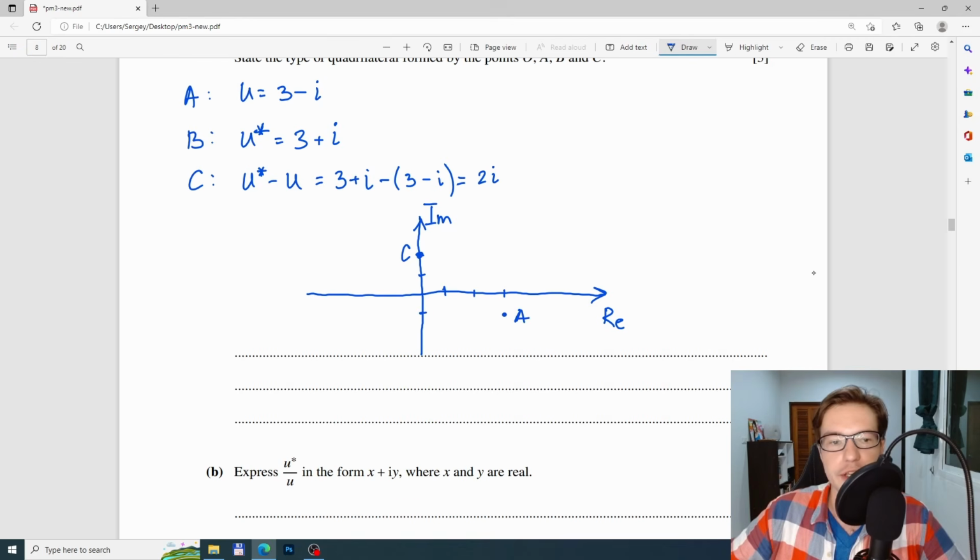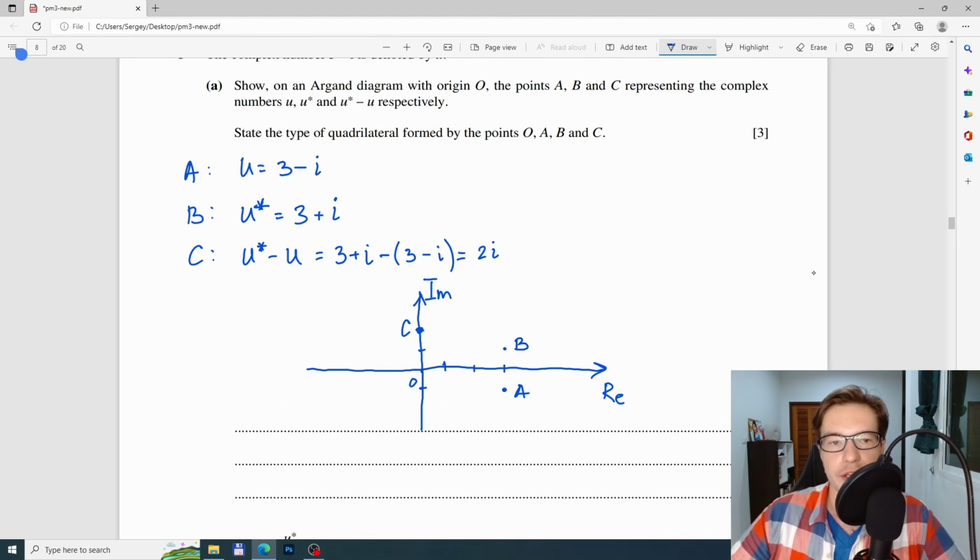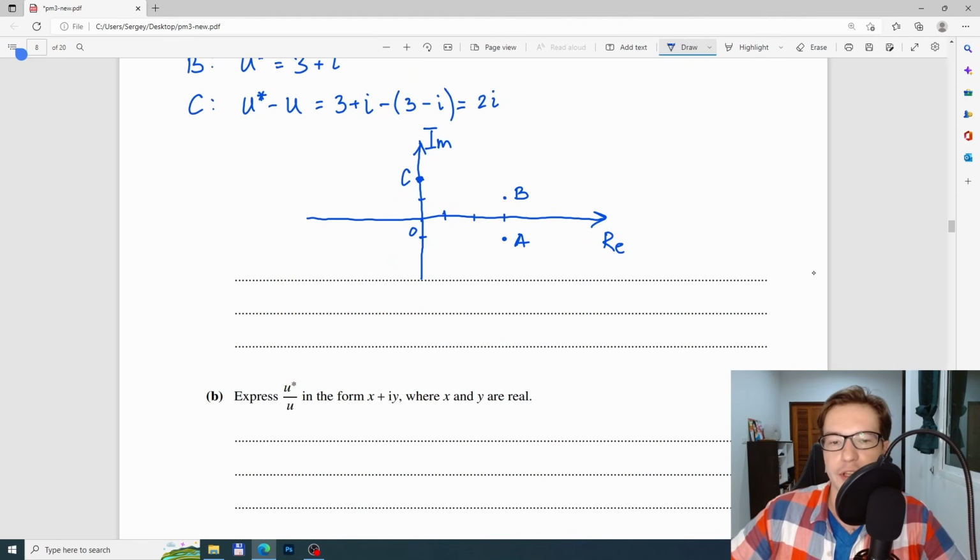So this is point A, and point B is 3 plus i. It is here. And also we have the point O. Now we have to state the type of quadrilateral formed by the points O, A, B, and C. Let's draw this quadrilateral.